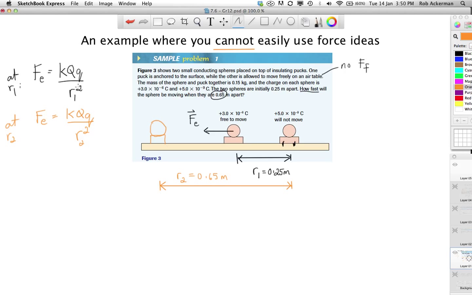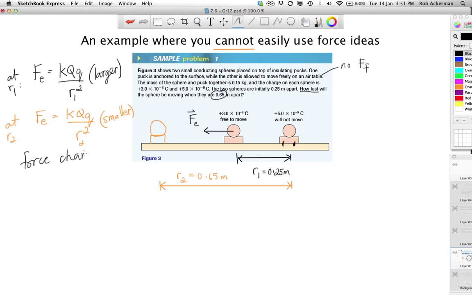Now you can see the denominator here is smaller than it is here, so this is going to be a large force. This will be a small force, or at least smaller, so I can write this in. And up here I can write larger. Now what does this mean? It means that the force has been changing.